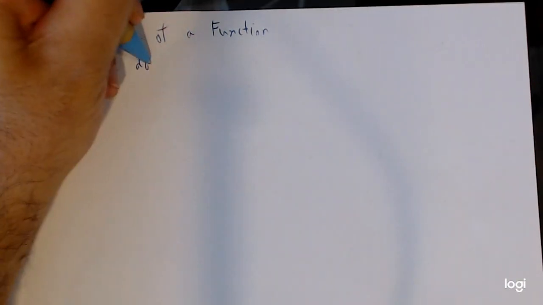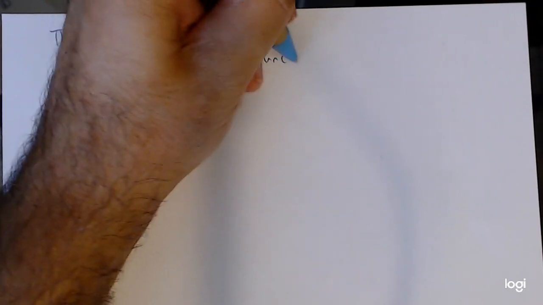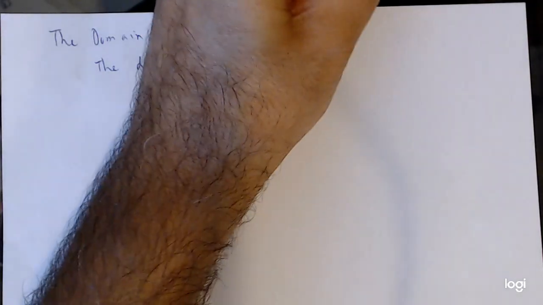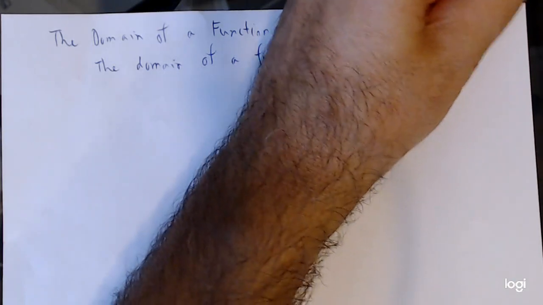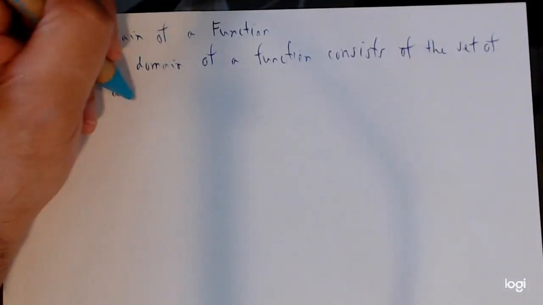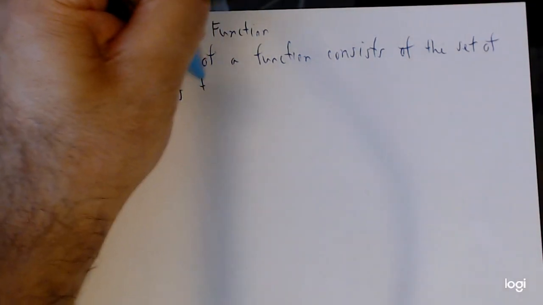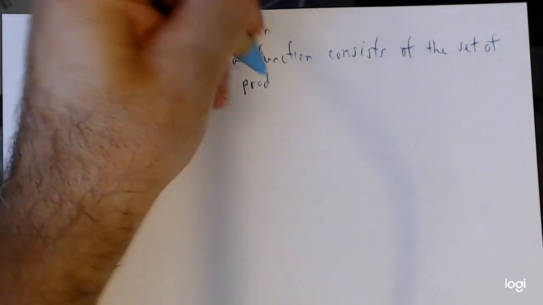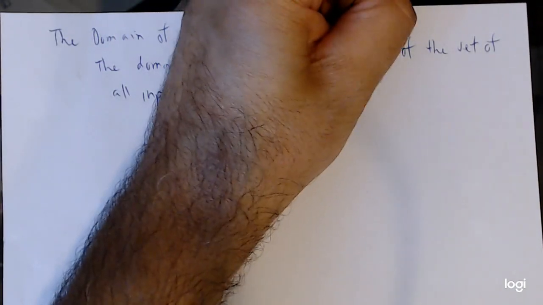The domain of a function consists of the set of all inputs that produce an output for the function.